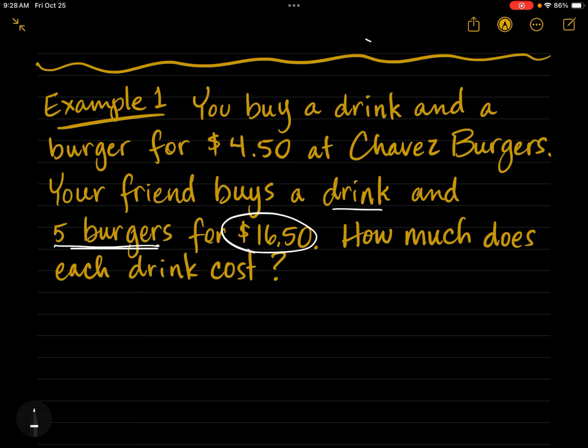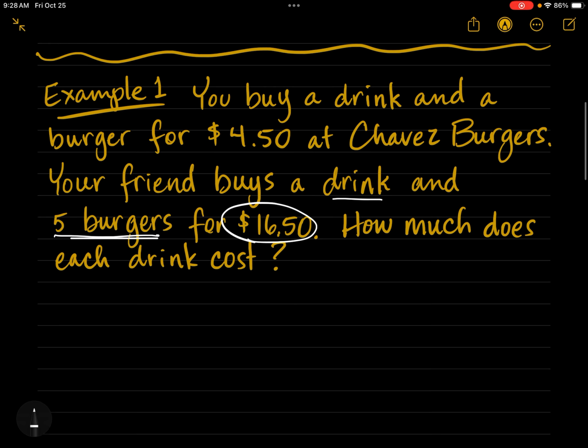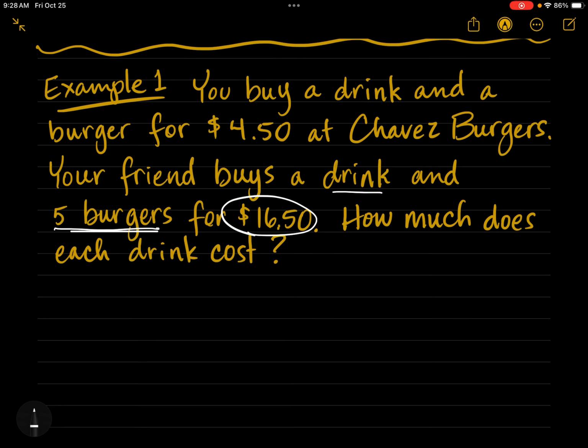So how much does each drink cost? Let's make sure we understand the problem. You get 1 drink and 1 burger, $4.50. Your friend gets 1 drink and 5 burgers for $16.50.